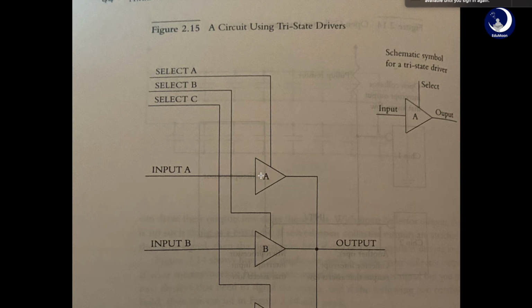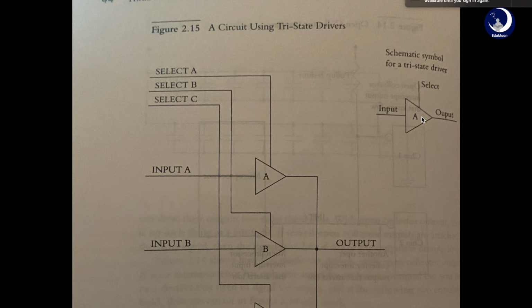The tri-state driver works in such a way that when the signal is asserted, the output is the same as the input. When the signal is not asserted, the output floats. Say, for example, your input is A, your output would also be A. If it is not asserted, the output would be a float. Got it? So now let's get into the topic.